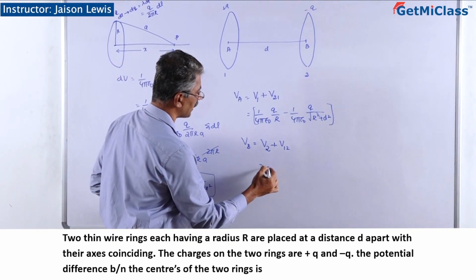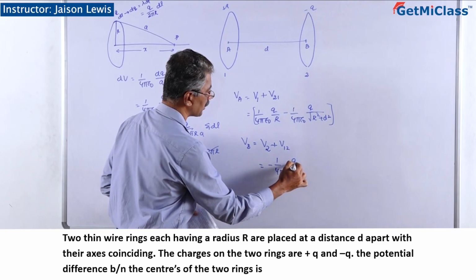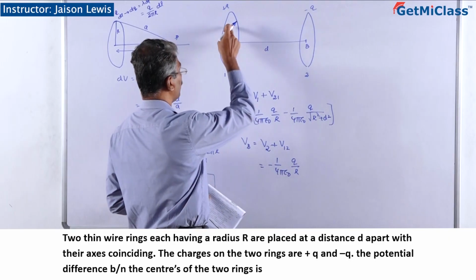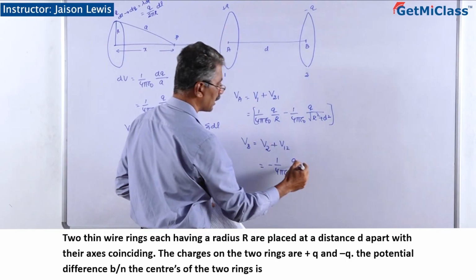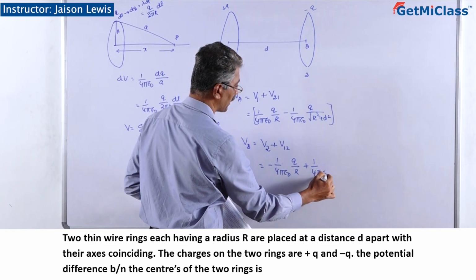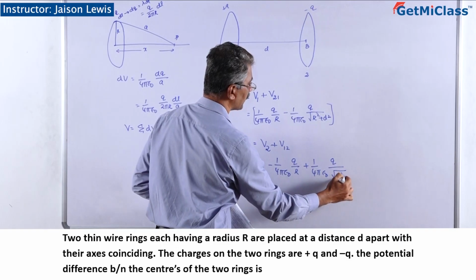That is given by minus 1 by 4 pi epsilon naught, q divided by r, as it is a negative charge, therefore minus. The first ring is a positive charge, so its potential is positive: plus 1 by 4 pi epsilon naught, q divided by square root of r square plus d square.